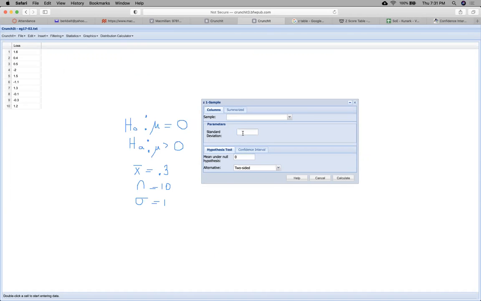What is the standard deviation? What does OPE stand for? One. Is it two-sided, a less than, or a greater than? It is greater than. Do I want to use a column of data for my sample? And if so, which column should I use?